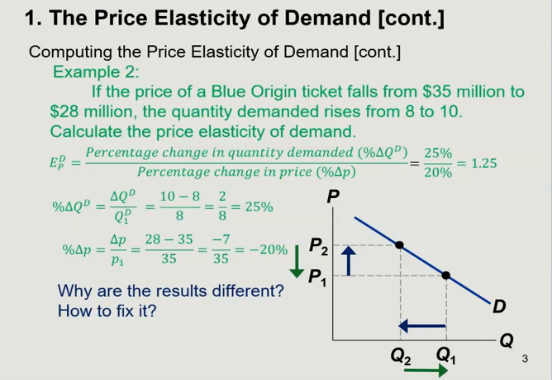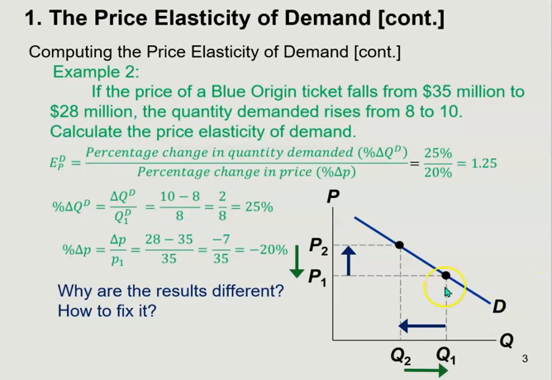But when we go the opposite direction, the price falls from 35 million to 28 million, and the quantity demanded rises from 8 to 10. Then the price elasticity of demand becomes 1.25. We said this is a little weird, especially when we look at the graph on this downward sloping demand curve.